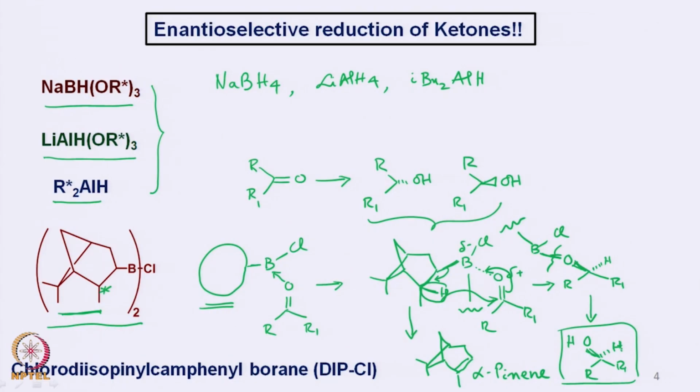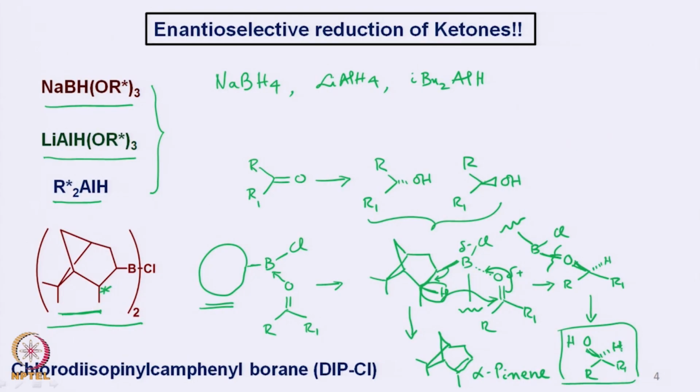But as you can see, the hydrogen which is being transferred to the carbonyl group as a hydride is essentially coming from the modified reducing agent. That means whichever one we take, we need at least 1 mole equivalent of it, because each molecule will deliver 1 hydride.